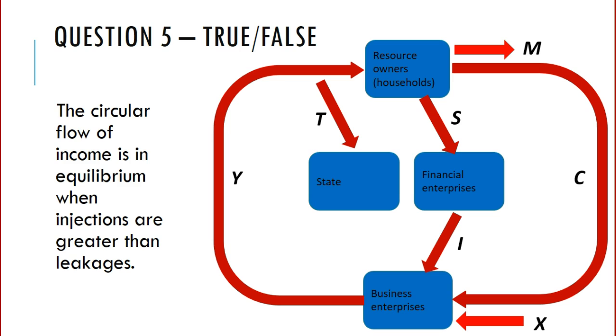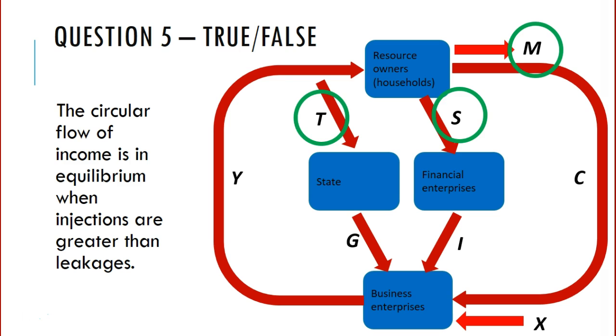And finally, the government will also engage in expenditure. It will purchase goods and services from businesses in order to provide essential services, public works, and so on. There are the leakages from the circular flow: tax, savings, imports. And there are the injections back into the circular flow: government spending, investment spending, and export revenue.